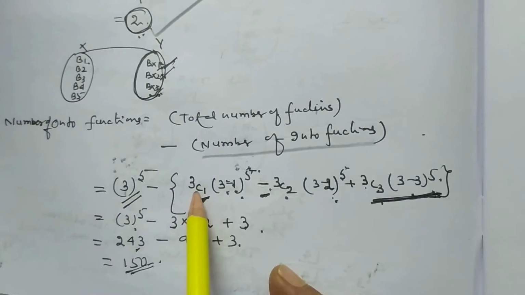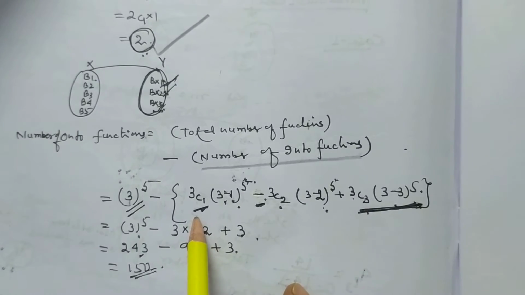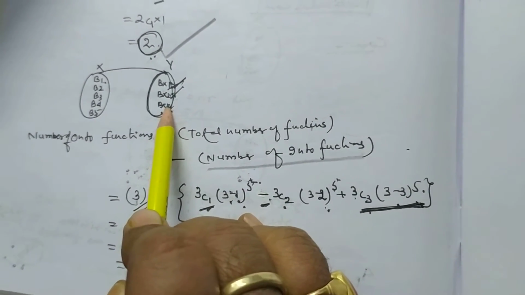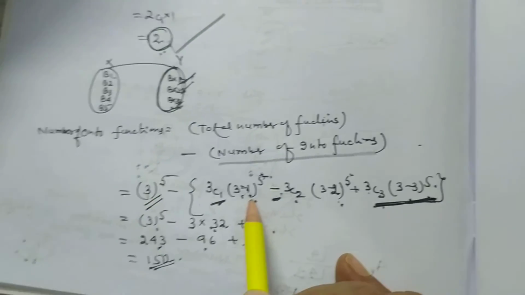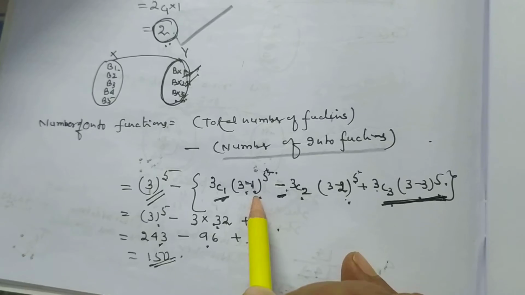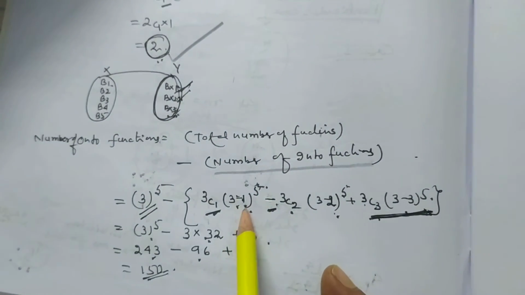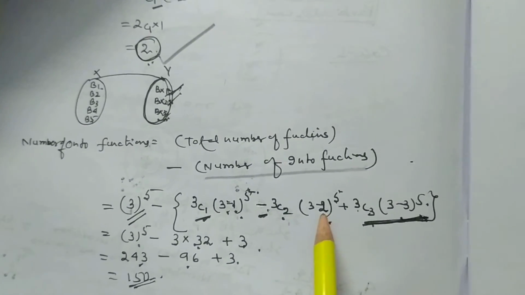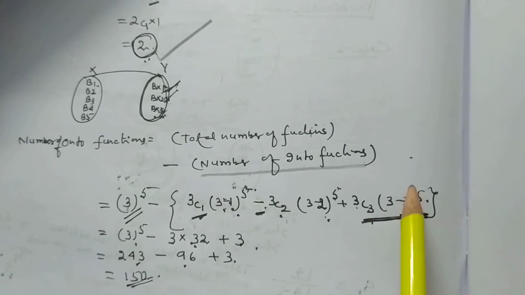So we select one box out of 3 boxes, 3C1, and now the remaining 2 boxes will be filled in 5 ways each, so (3 minus 1) to the power 5 minus 3C2 (3 minus 2) to the power 5 plus 3C3 (3 minus 3) to the power 5.